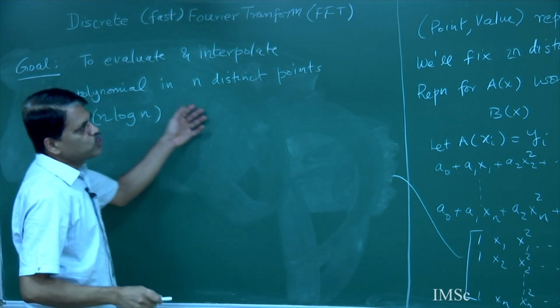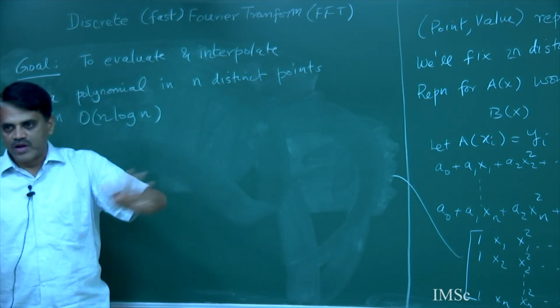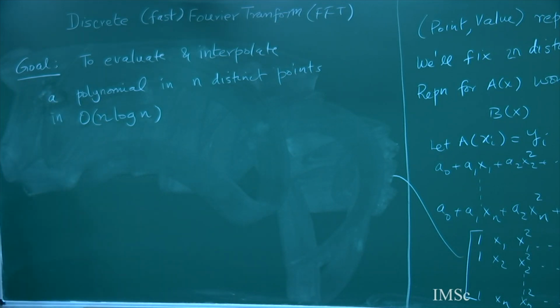This n is really 2n for us, because you need to evaluate at 2n different points, but I'm going to call it n.